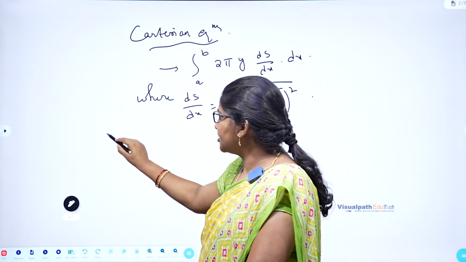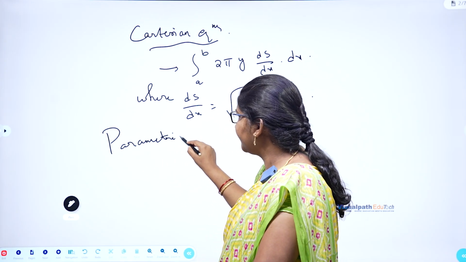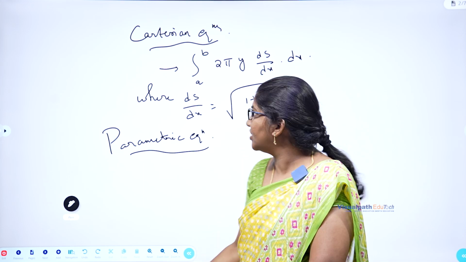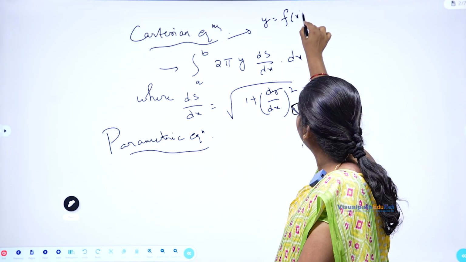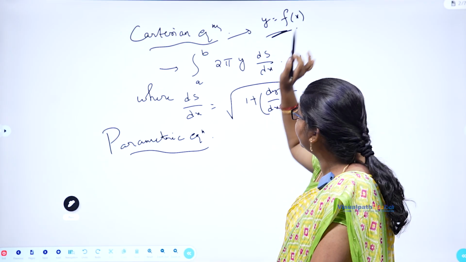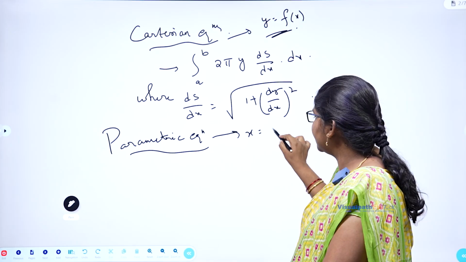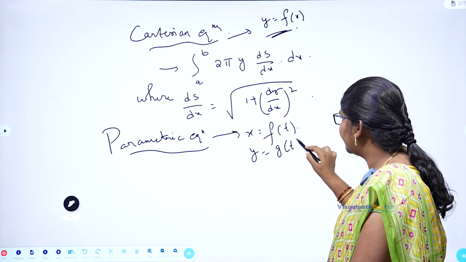If the question is given in terms of parametric equation, here Cartesian means y is equal to f of x, whereas parametric means x is given in terms of t and y is also given in terms of t.